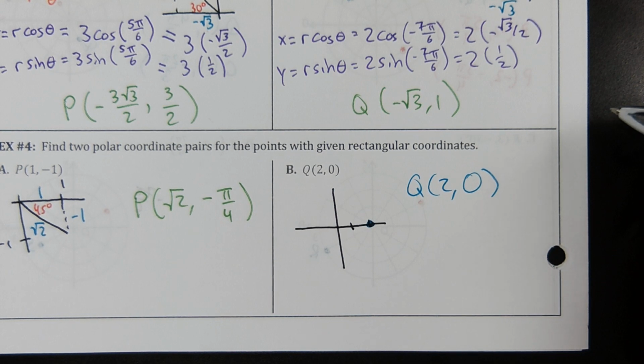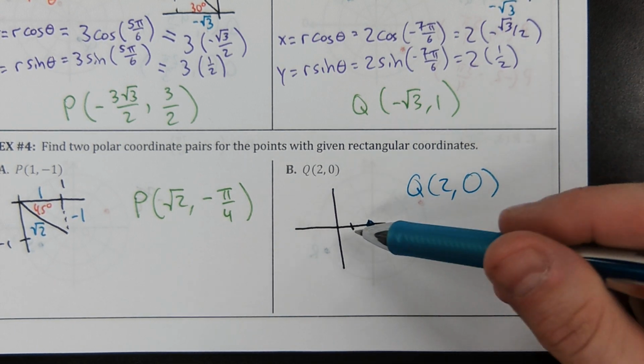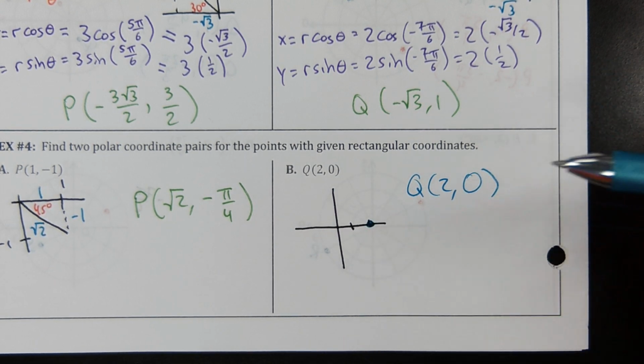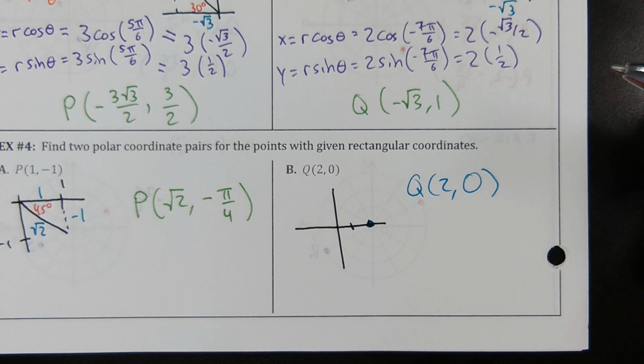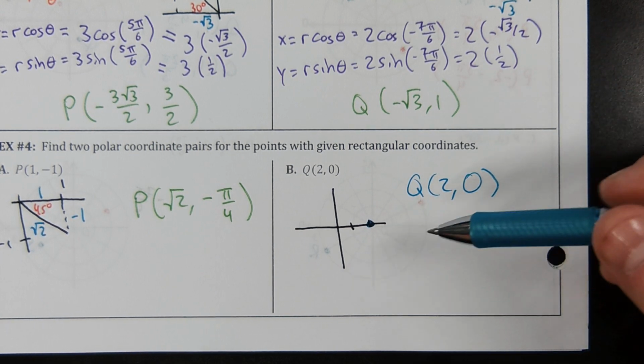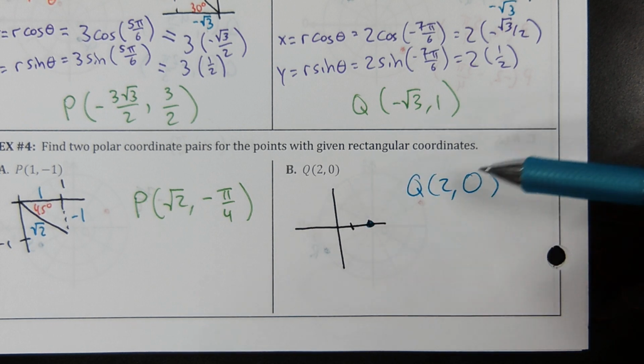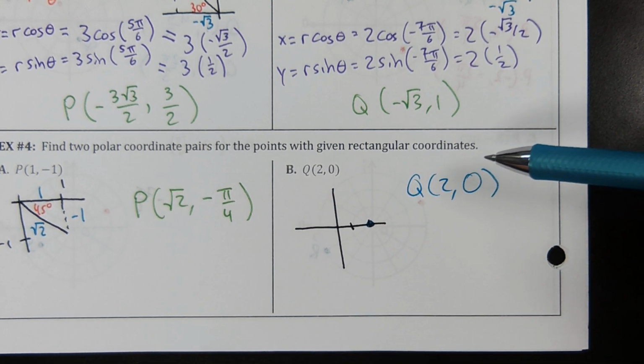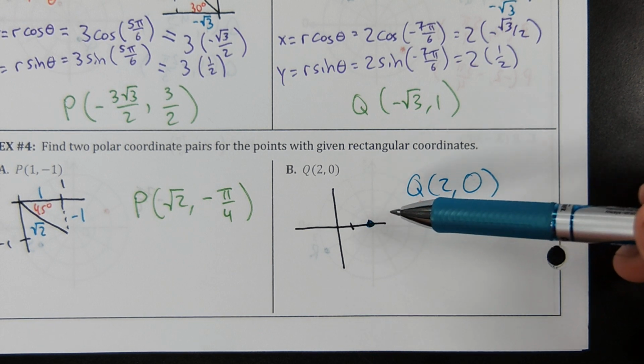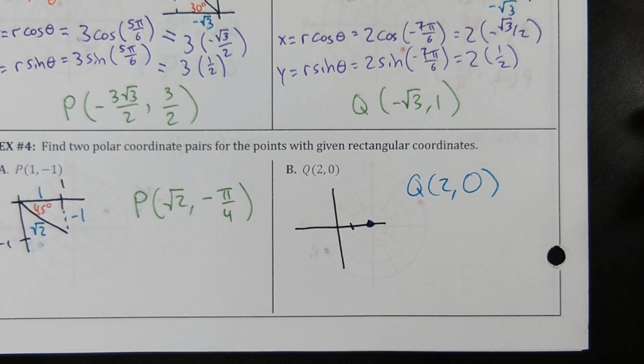Isn't that fun? Anything on the positive x-axis, which is also true for the polar axis. So any coordinate on the positive x-axis in rectangular has identical polar coordinates, or you could say any point on the polar axis has identical xy coordinates. It's kind of boring, actually.